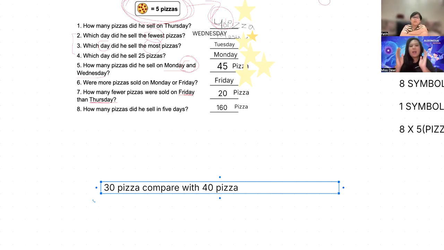Berapa angka di tengah-tengah itu, the number in the middle, in the gap, that makes this 30 pizza fewer or smaller. How many?